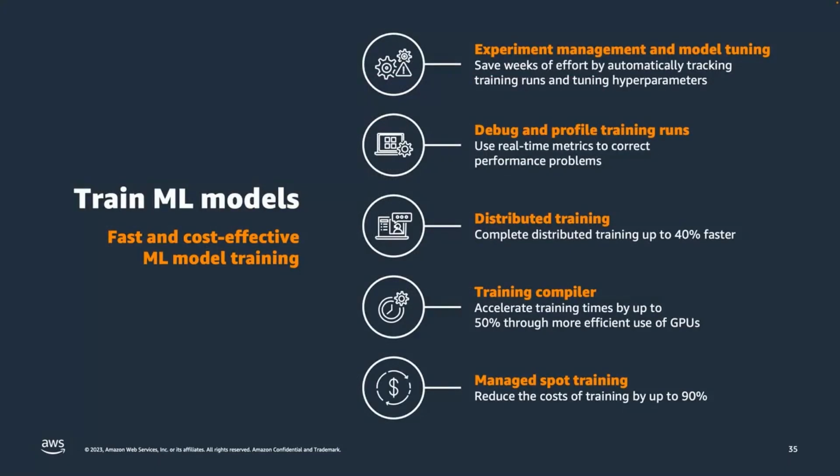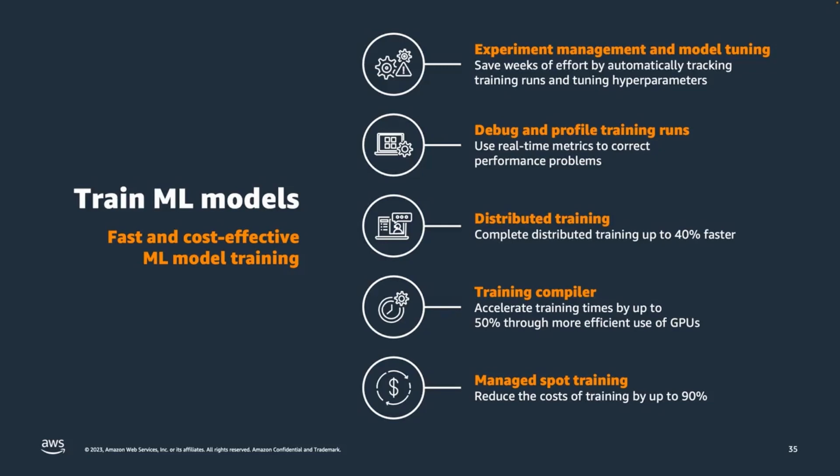Amazon SageMaker reduces the time and cost to train and tune machine learning models without the need to manage infrastructure. With Amazon SageMaker, you can easily train and tune machine learning models using the purpose-built tools to manage and track training experiments and automatically choose the optimal hyperparameters.